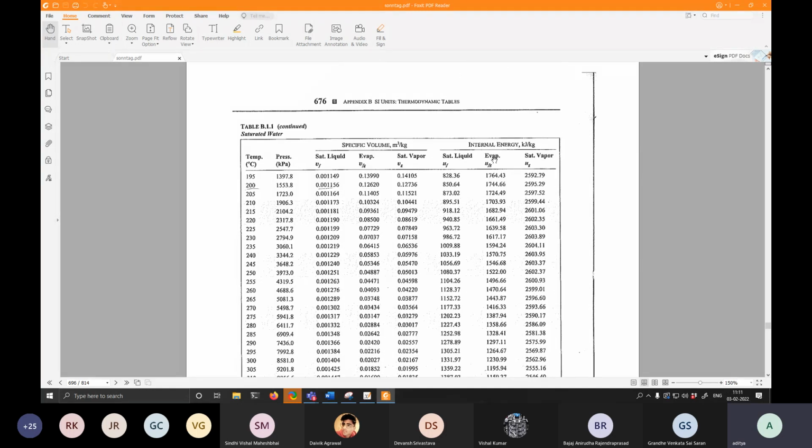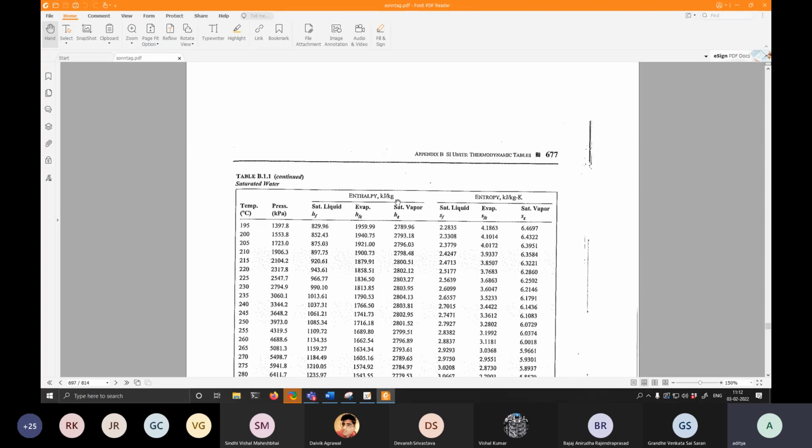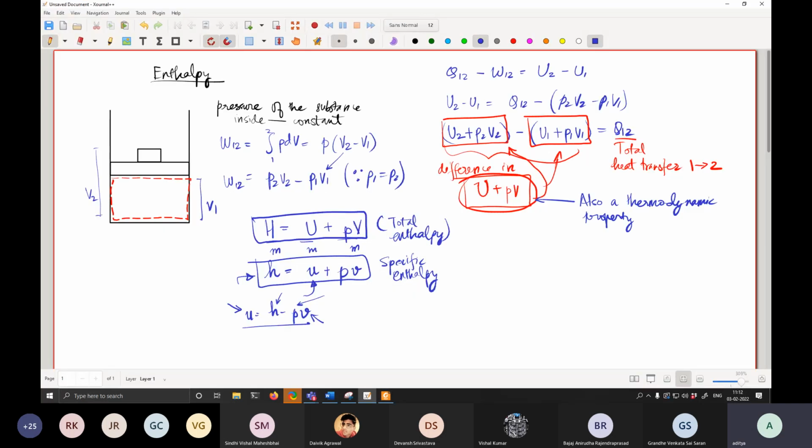And in these books, and I have also done this many times subliminally, specific volume is written as specific, but whenever they report internal energy or enthalpy in kilojoule per kg, it is assumed that you will understand the term as specific because it's per kg. The total enthalpy is going to be in kilojoule, but the specific quantity is going to be in kilojoule per kilogram.